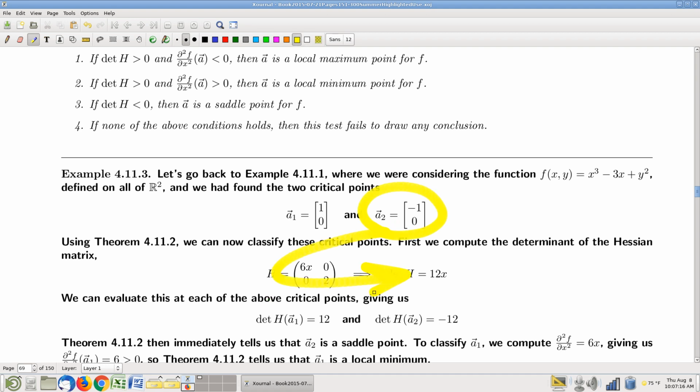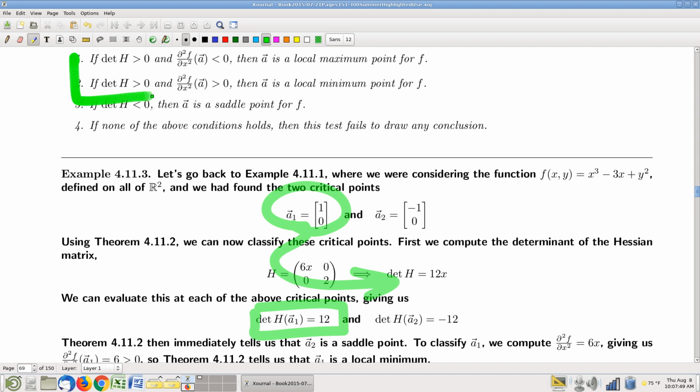That point you plug in, its Hessian determinant is negative. And that means saddle point. A2 is a saddle point. Just following the rule of our second derivative test. Everybody see how that plugs in? Okay. All right. Now let's take this other critical point. Let's take that, plug it in, compute its Hessian determinant. Here it is. It's positive.